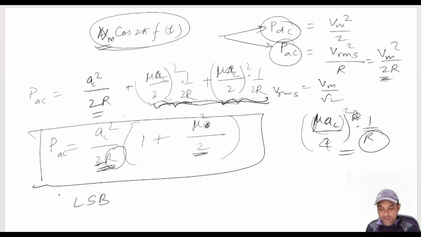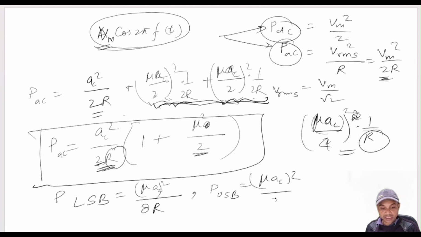The power of LSB is mu AC whole square divided by 8R. The power of USB is the same, mu AC whole square by 8R.